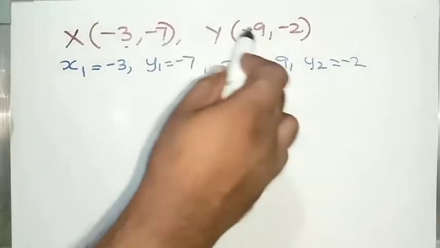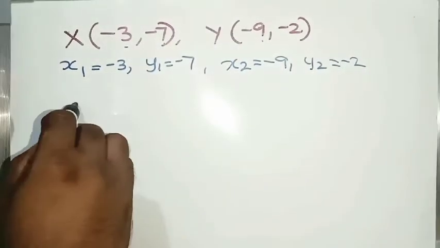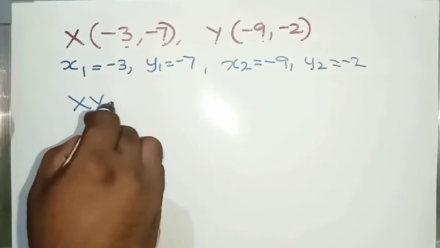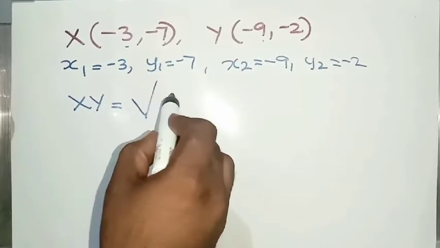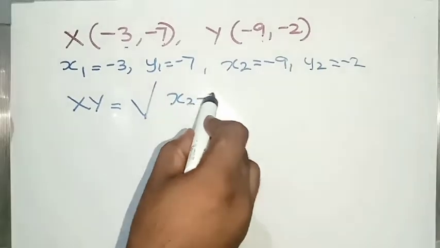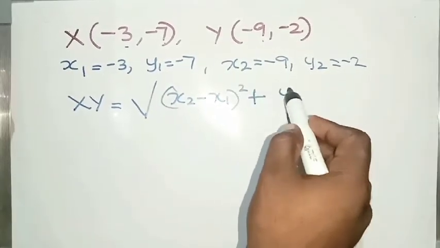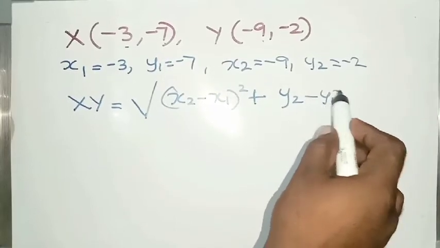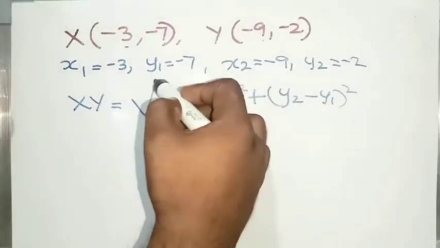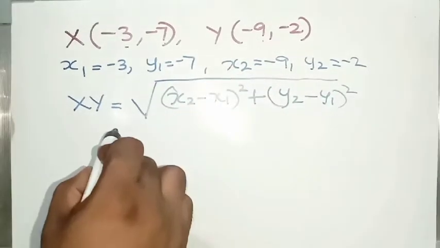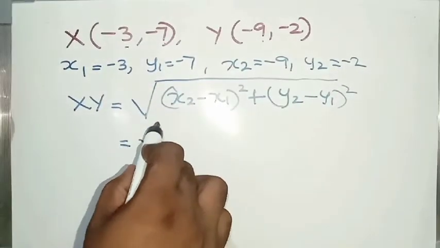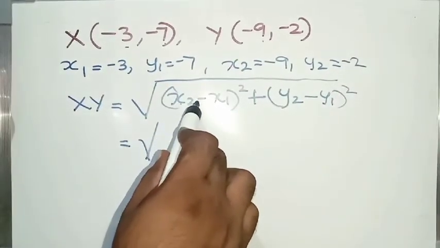So the length of the line segment XY is square root of (x2 minus x1) squared plus (y2 minus y1) squared, which is under the root x2 minus x1.